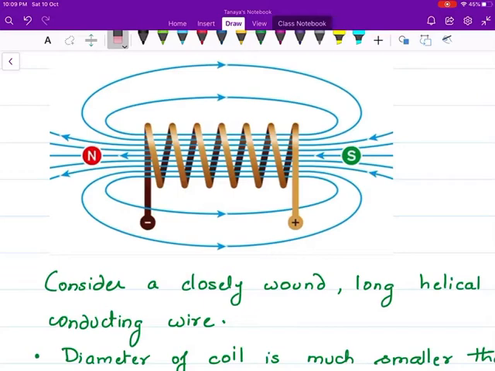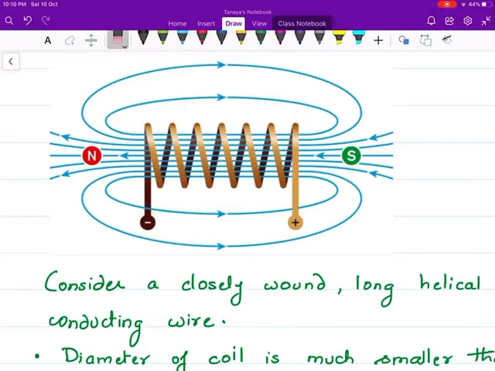What is a real solenoid? In which this is the length of the solenoid and this is the radius of the solenoid. So length is not very large compared to the radius. This is a normal solenoid which we use in normal applications.